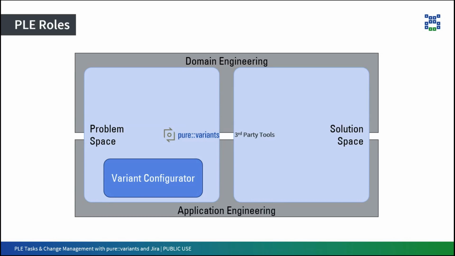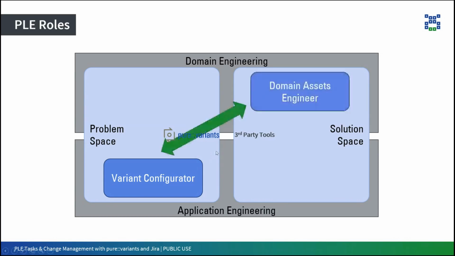During the process, he might become aware of some requirements that are not covered by the existing assets in the program. So he will, for example, use Jira to create a change request for the domain asset engineer, who is responsible for the superset engineering assets. The domain asset engineer will think about how to implement this for the program.